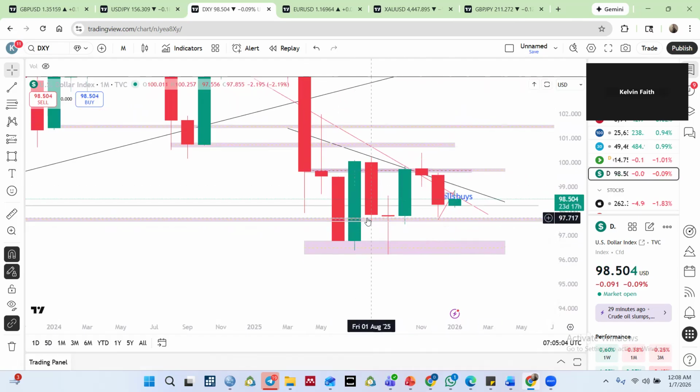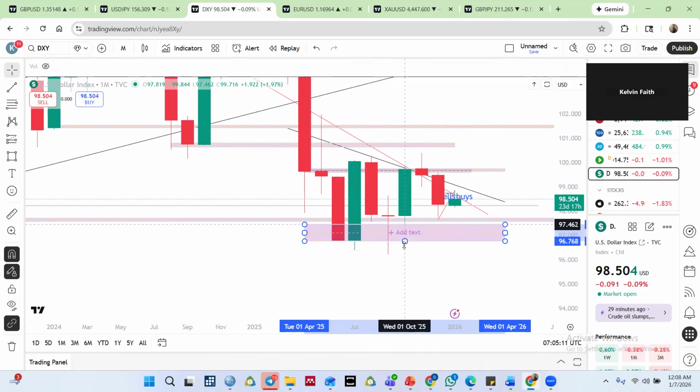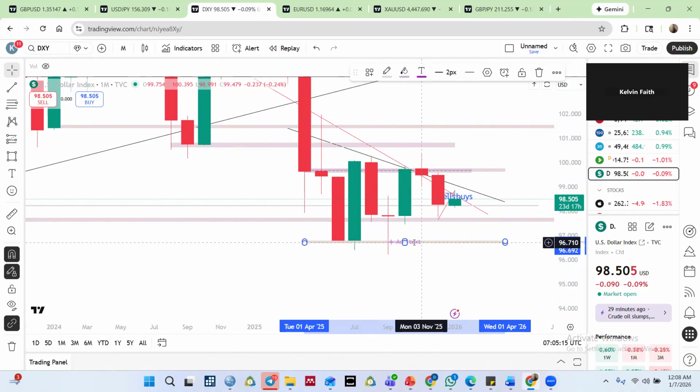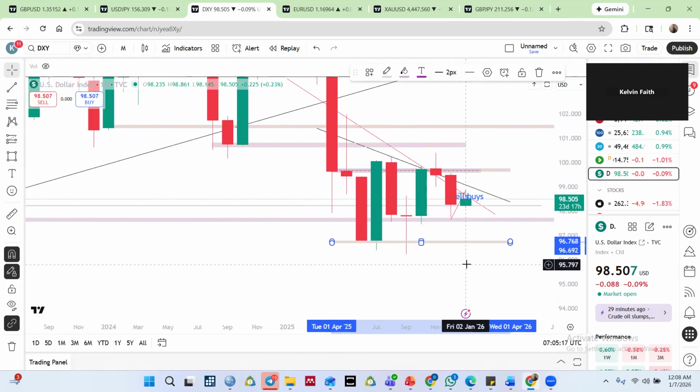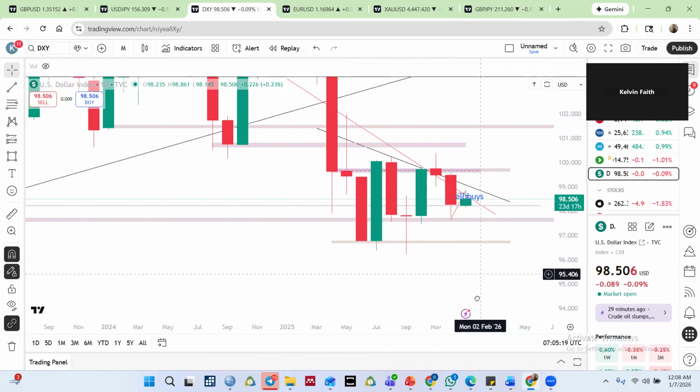So it's more likely for the sellers to continue being in charge and continue to push price down, breaking this next support area, or this range here, so that we will clearly see that the market wants to continue going down.